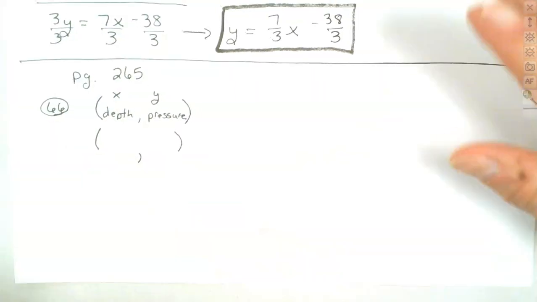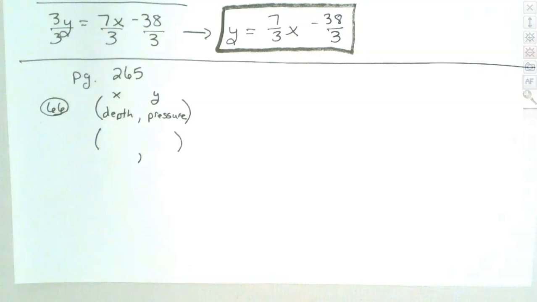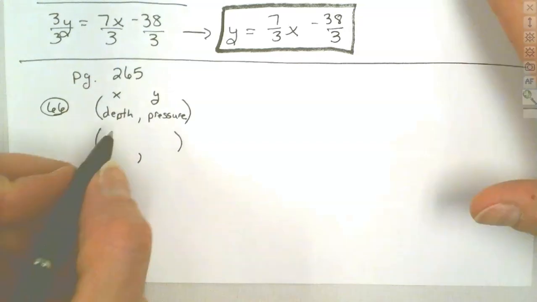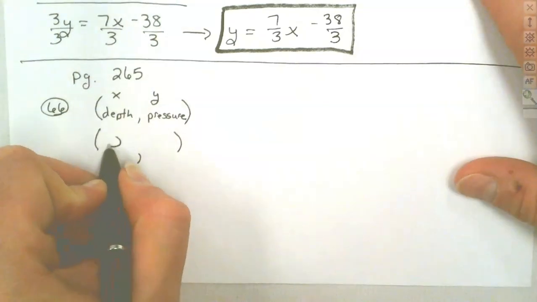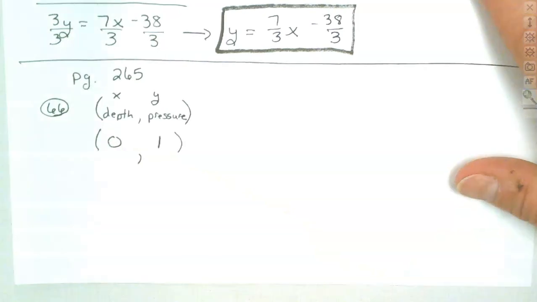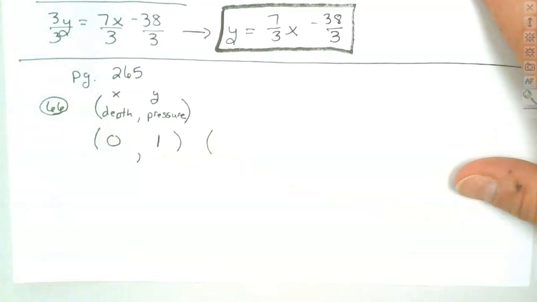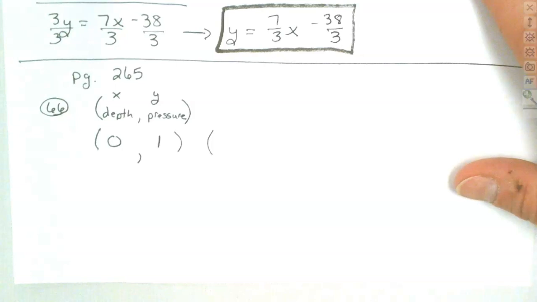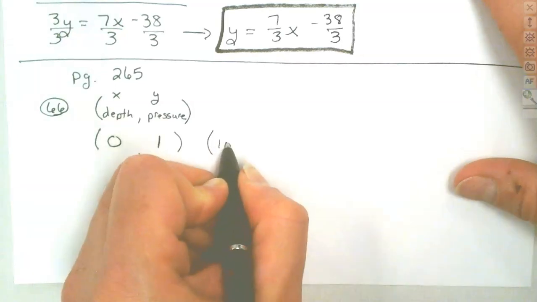Well, when we start off, we are at sea level. So at a depth of 0 feet, that's the water surface, the pressure is 1 atmosphere. So we've got a depth of 0, our pressure is 1. The next ordered pair we're looking at is a depth of 100 feet.